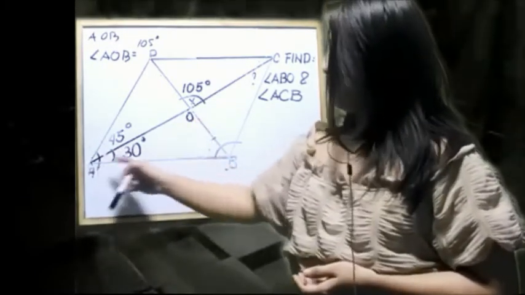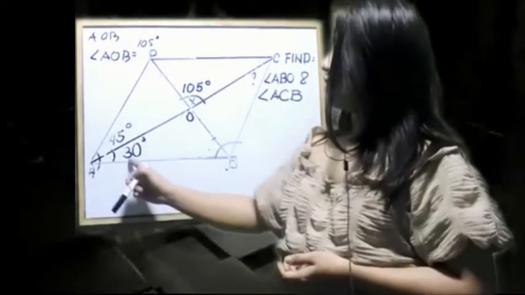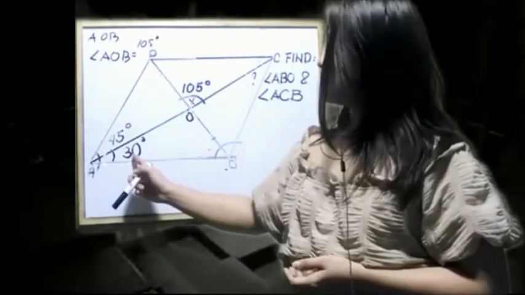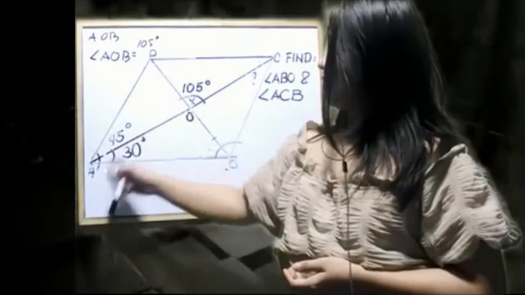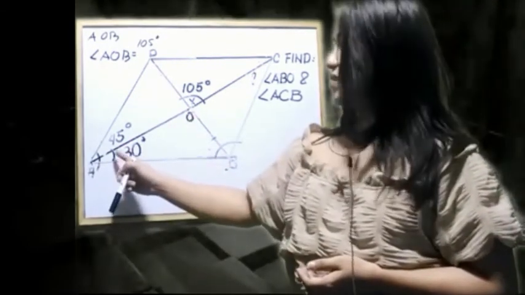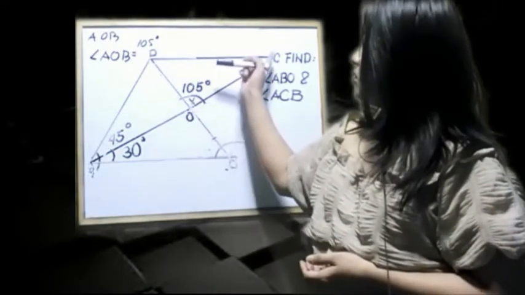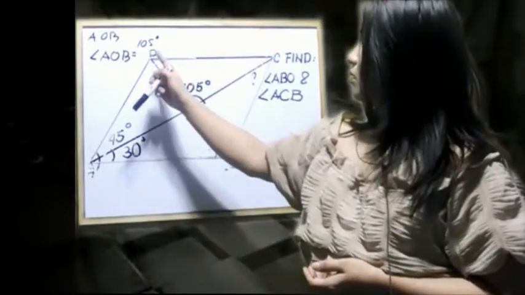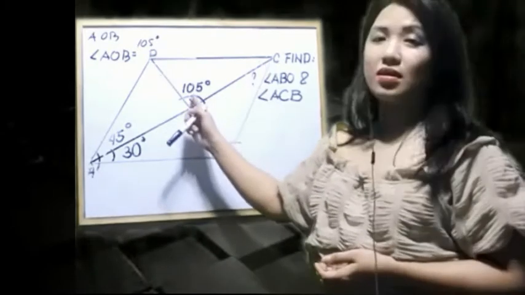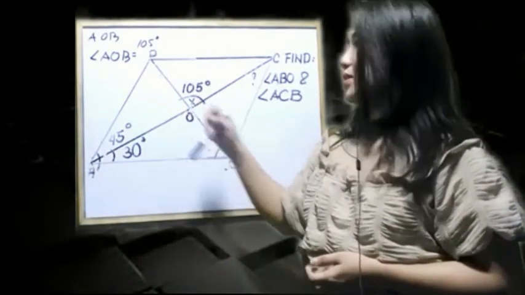Angle OAB is 30 degrees. The angle DAO is 45 degrees. The angle DOC is 105 degrees.